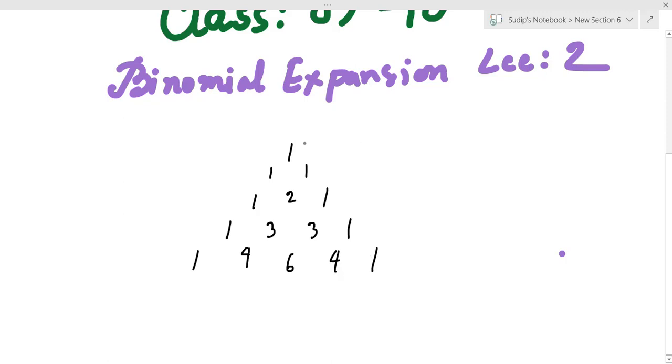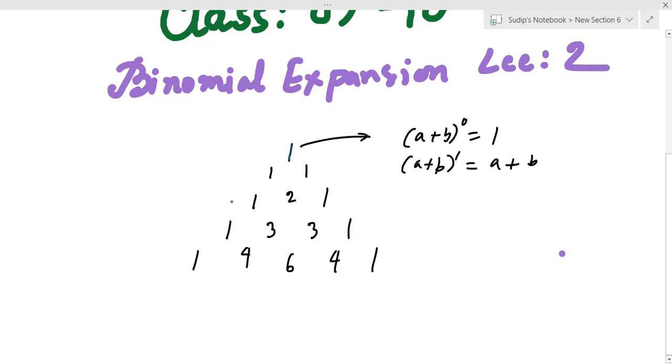Using this, we can find (a plus b) to the power 0 equals 1. There is just one term, which is 1. For (a plus b) to the power 1, we get a plus b.